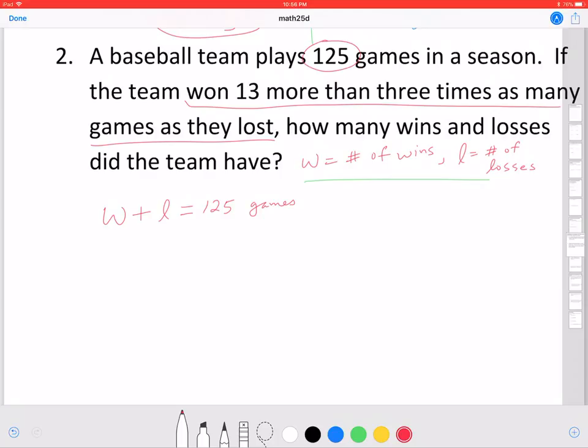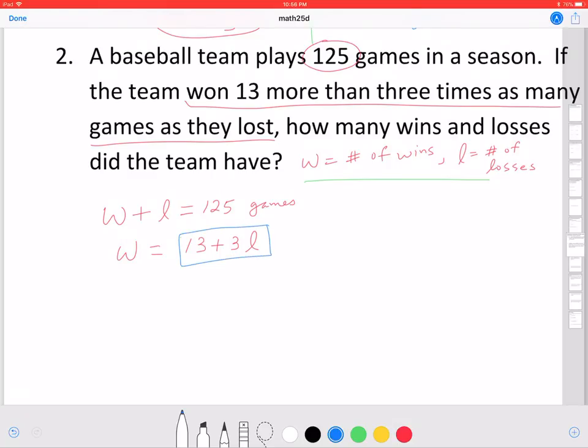Okay, and now comes the main body, which is they won 13 more than 3 times the loss. Okay, so that's going to be translated as W, the number of wins, is equal to 13 more than 3 times the loss. All right, so we have these 2 equations that we do need to solve, and what I'm going to use is what is called substitution.